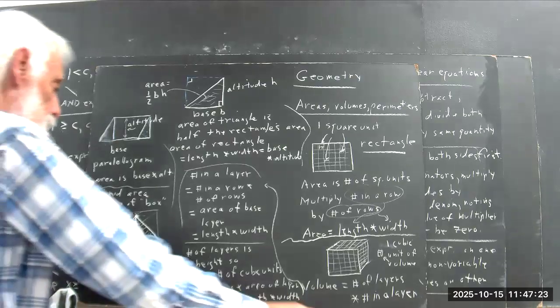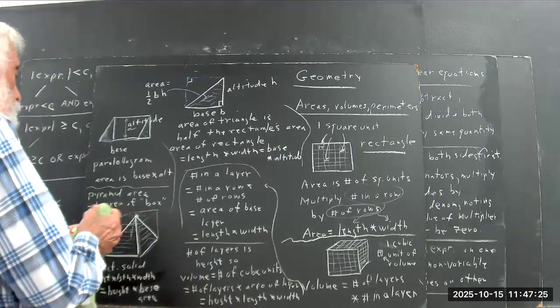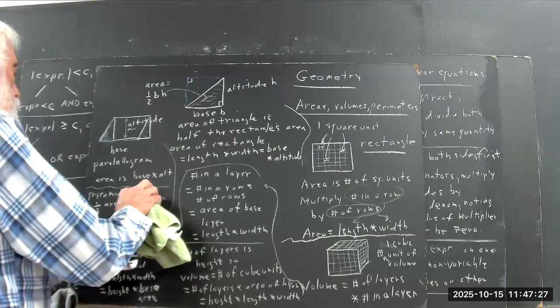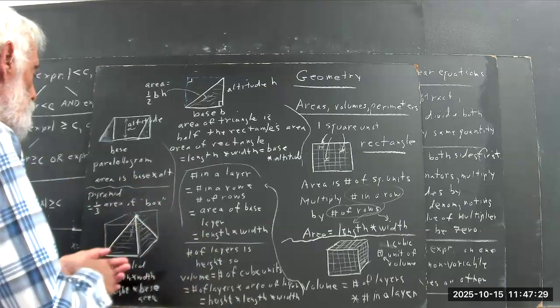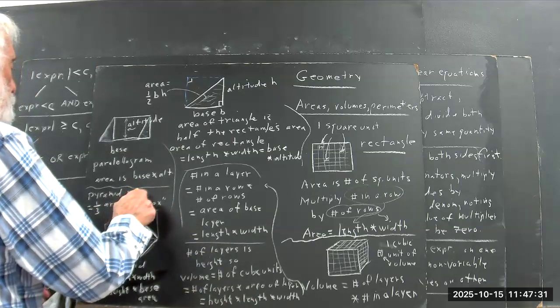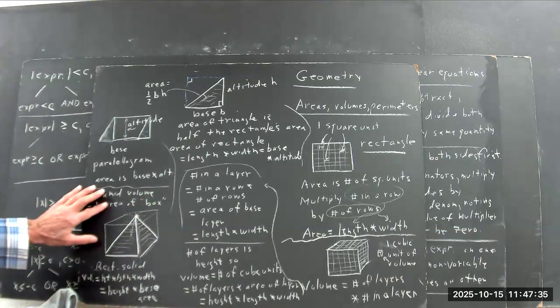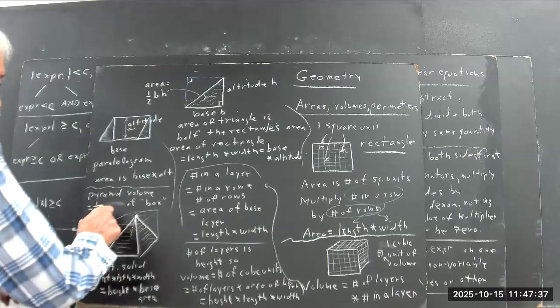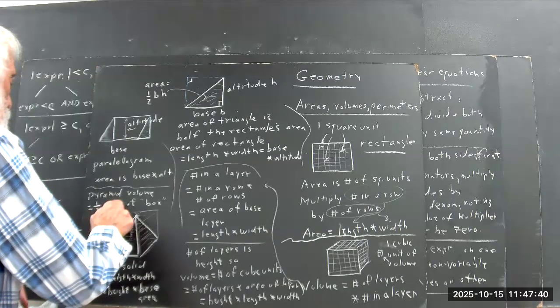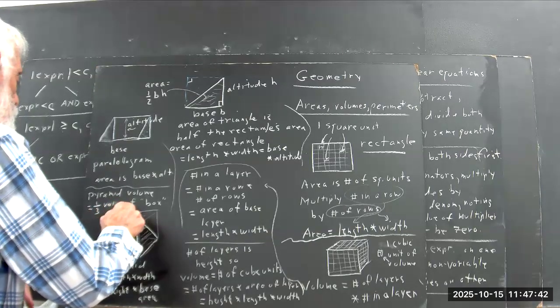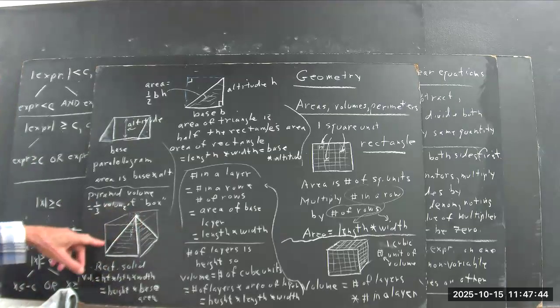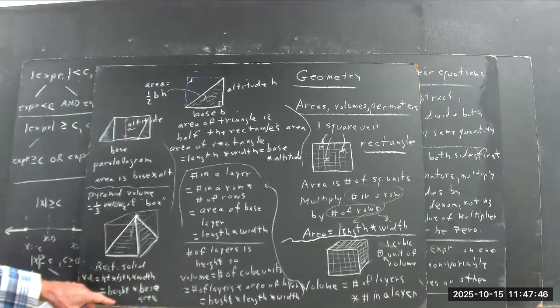And I said area when I meant volume. Pyramid volume is 1/3 the volume of this box. Should be 1/3 the height times the base area. Okay.